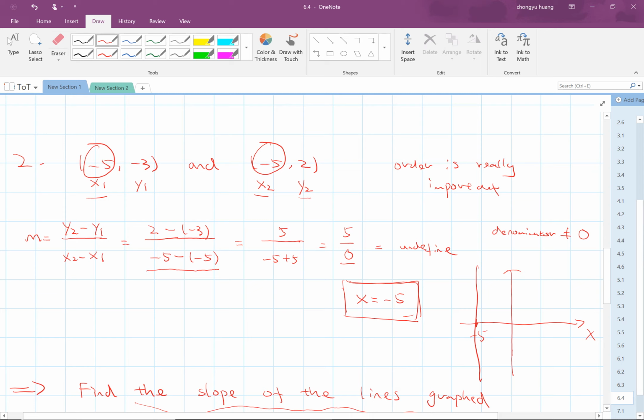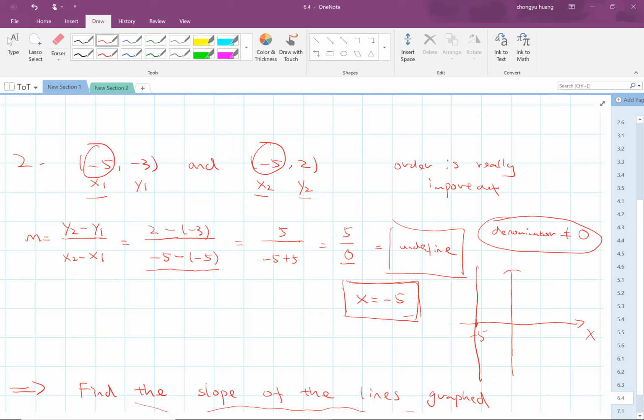Having the same x means the denominator will always be equal to 0 no matter how you choose. So therefore the answer for this solution is undefined, right?